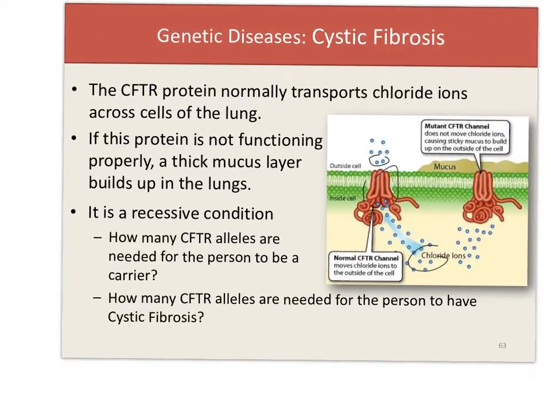So how many CFTR alleles are needed for the person to be a carrier? 1 or 2? 1. Okay. In terms of having cystic fibrosis, how many alleles do they need? 1, 10, 2? 2.